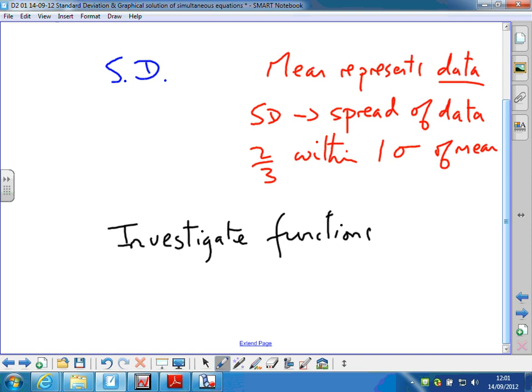Right, so we identify dependent and independent variables. Which axis does the independent variable go on? X. Identify X and Y, independent and dependent variables, and then, Elliot, all others constant.